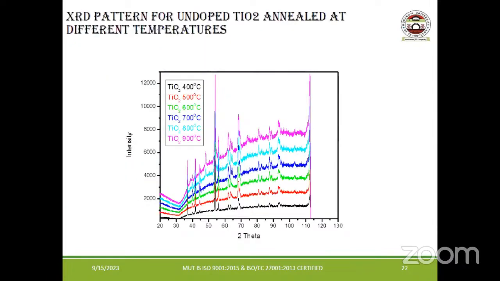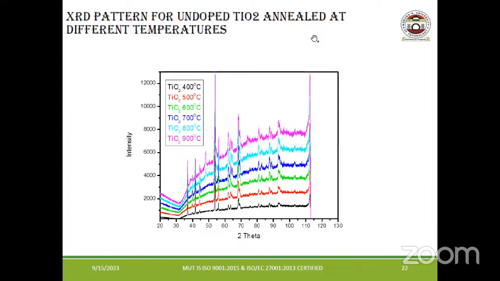A sample of an XRD data, which we call an XRD pattern for titanium dioxide. And this one is when they were studying the effects of the furnace temperature.